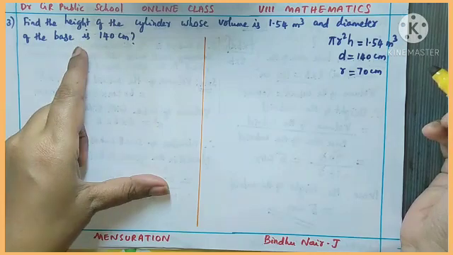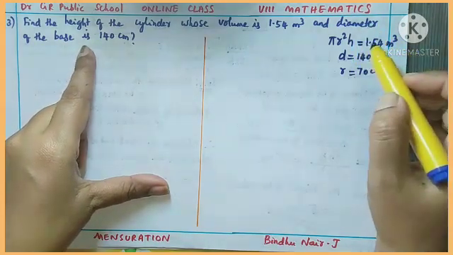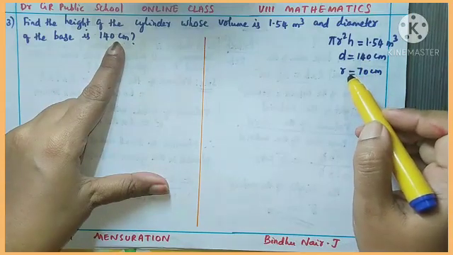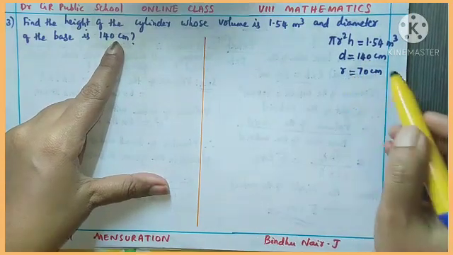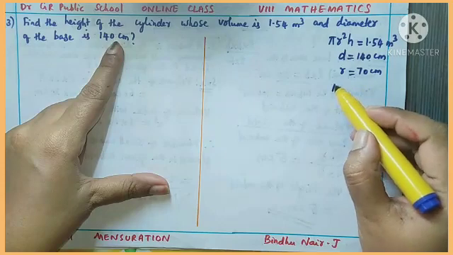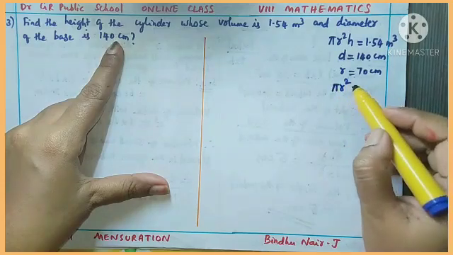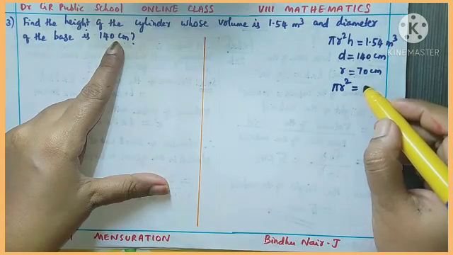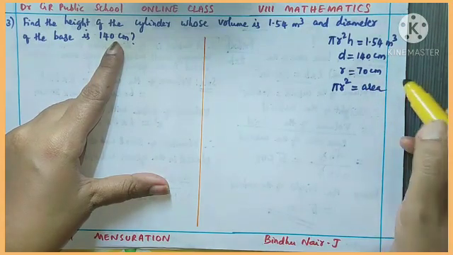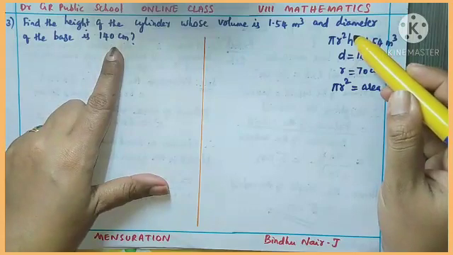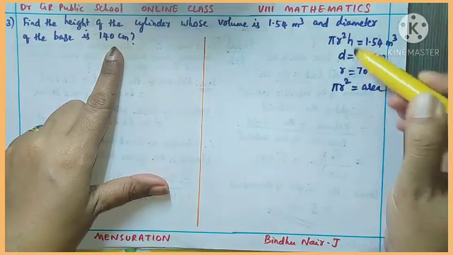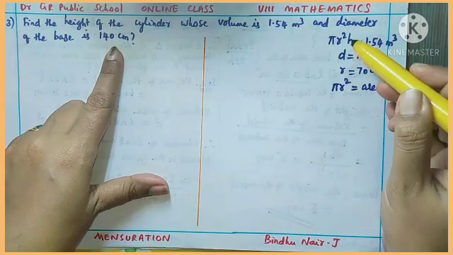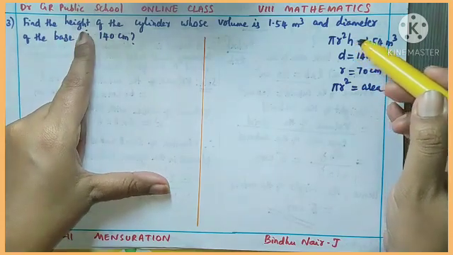Now, the diameter of the base is 140 centimeter, and from this we found the radius. After the radius we can find the area of the circle, that is pi r square, correct? So pi r square we can find out, that is the area, and you see what is the relation here? Pi r square h is the volume and pi r square is the area. So here we want the height of the cylinder.